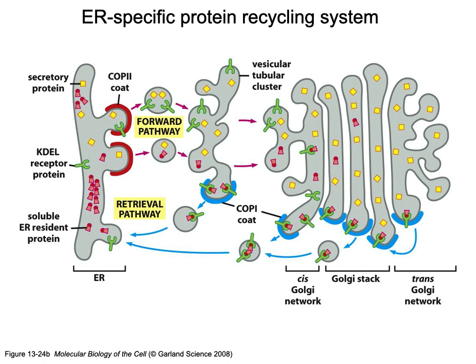Okay, and again, another important piece on this figure is that the cis side is on the ER side, where the trans side of the Golgi is going to be on the plasma membrane side, the piece that would end up in vesicles that could undergo exocytosis. And in between there, you have the Golgi stacks.